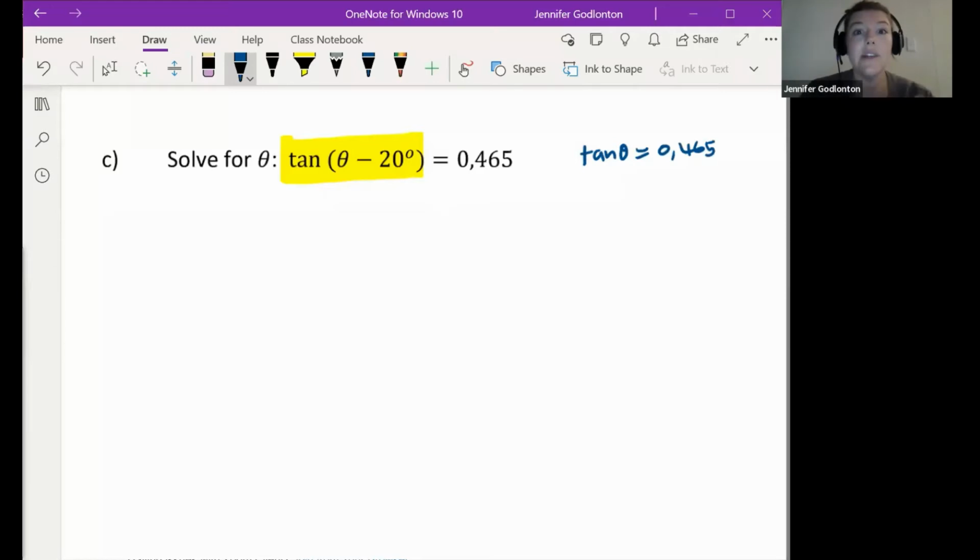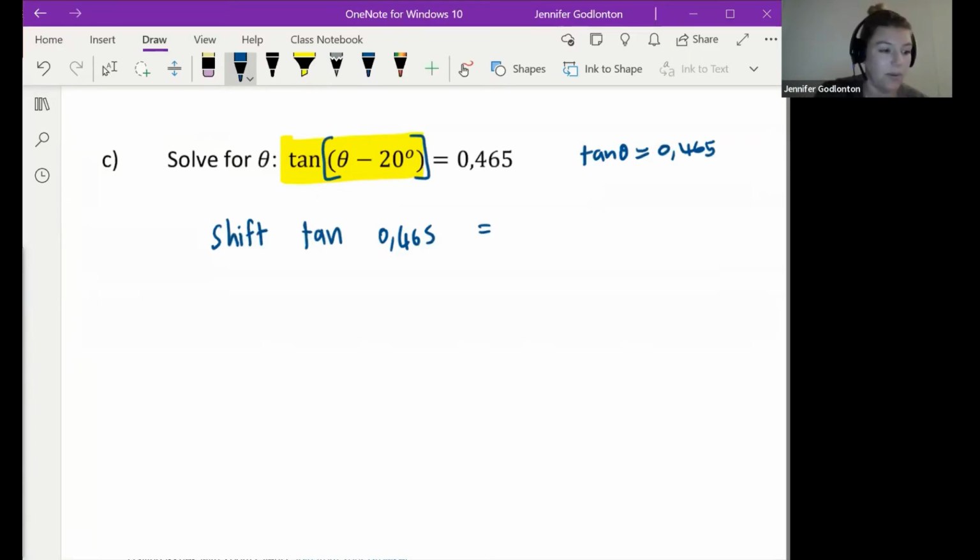We're going to do that exact same thing, except that's not going to tell us what theta is. It's going to tell us what that whole bracket is. So we're going to say shift, tan, 0,465, and push equals. That's our first step. So shift tan 0,465 equals.